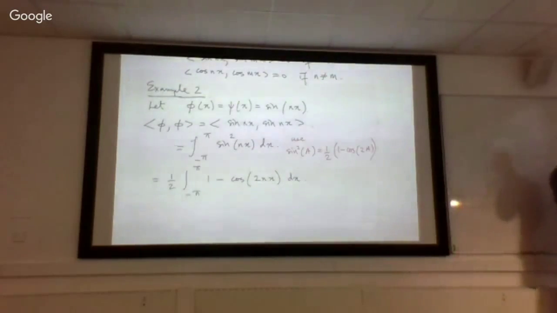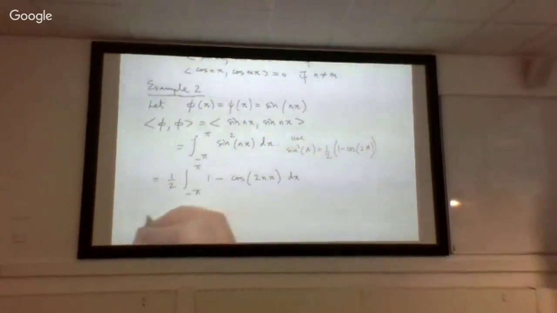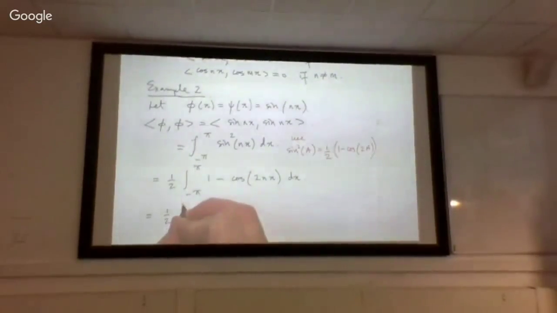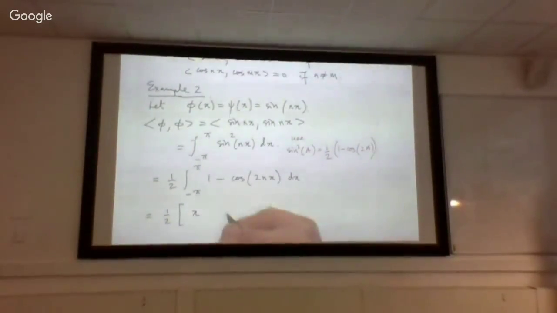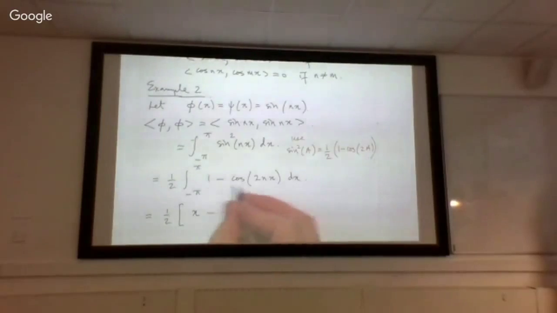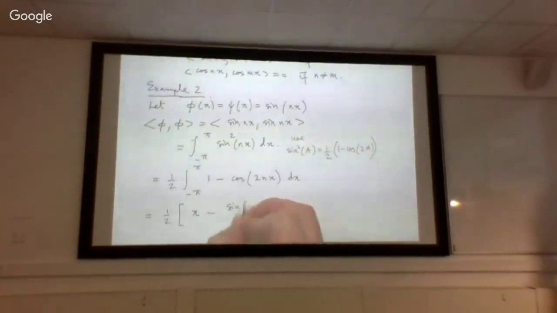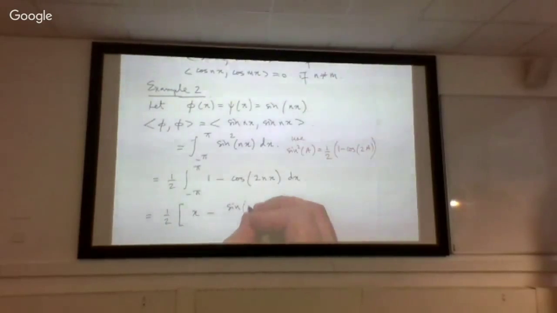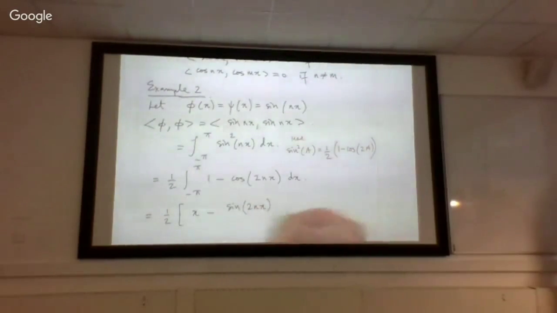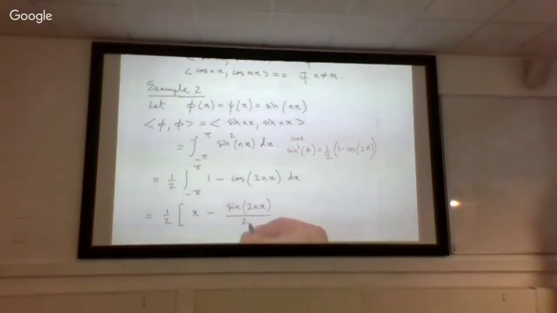Okay, that integral now looks very standard. So it's a half. Integral of 1 is x. Integrating cosine, that integrates to sine, so we've got sine of 2nx, but we need to divide by 2n as well.